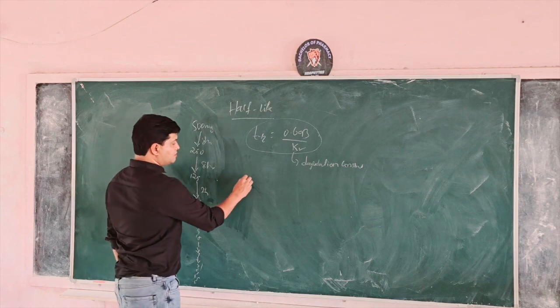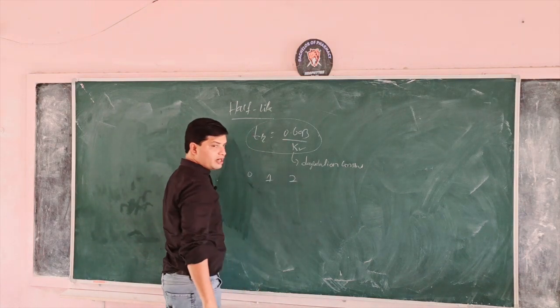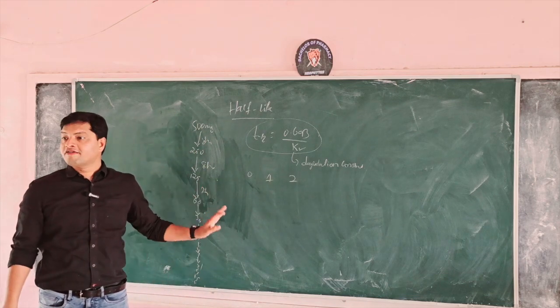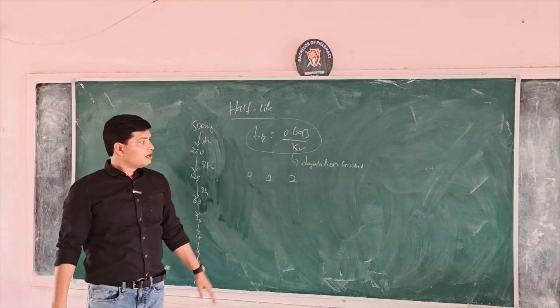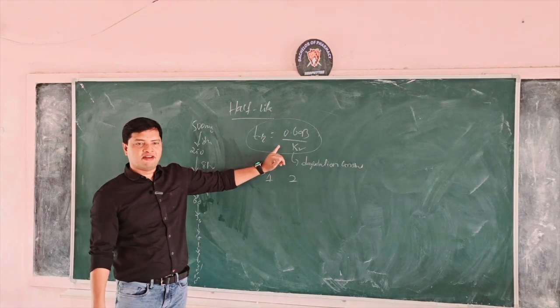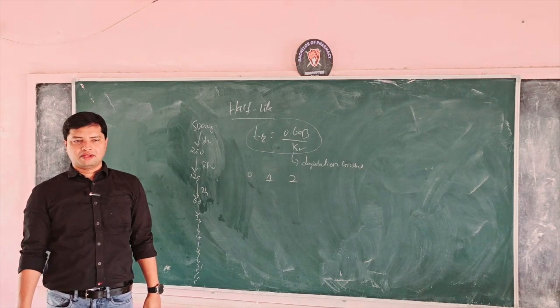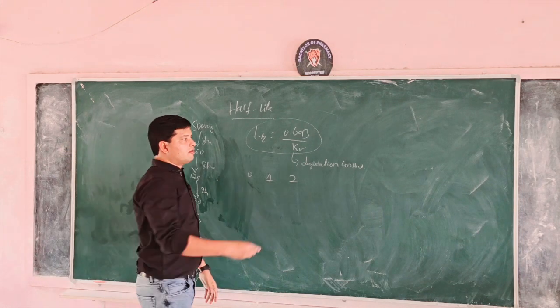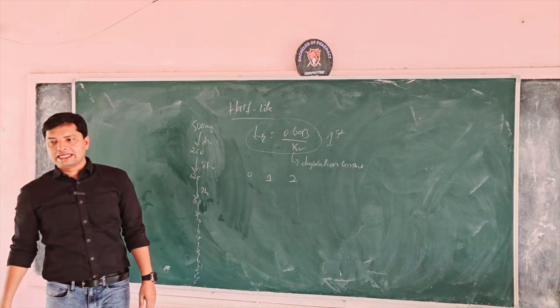We have zero order kinetics, first order kinetics, second order. Have you heard this? Order of reaction. Zero order reaction, first order reaction, second order. Which order does the half-life belong to? I don't want to waste time. The half-life belongs to first order kinetics.